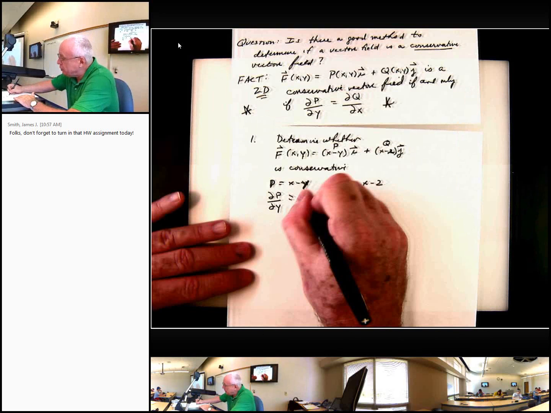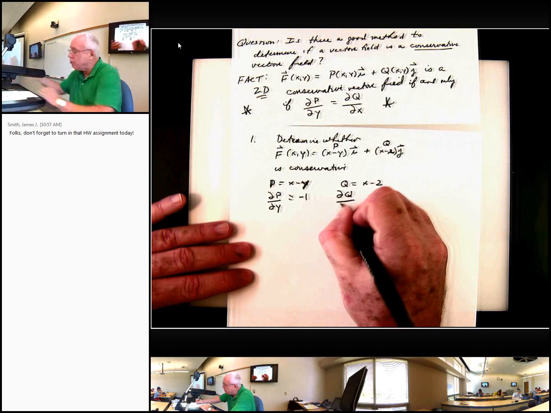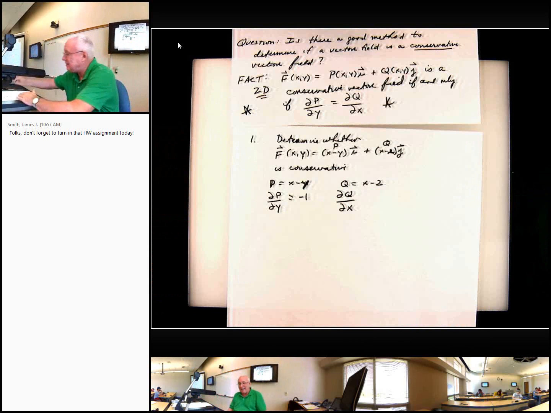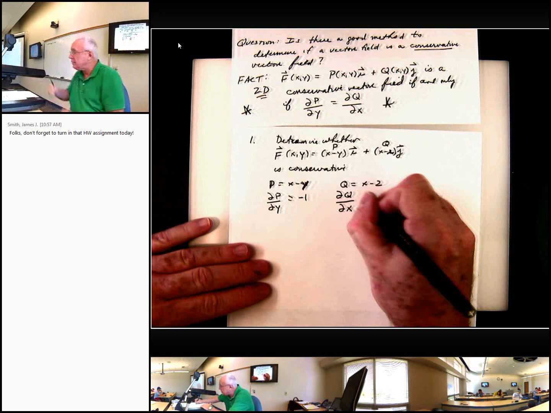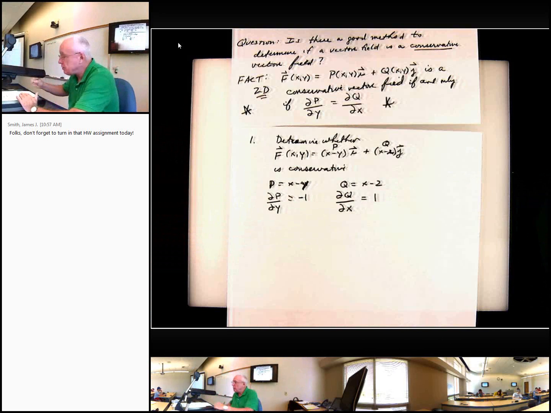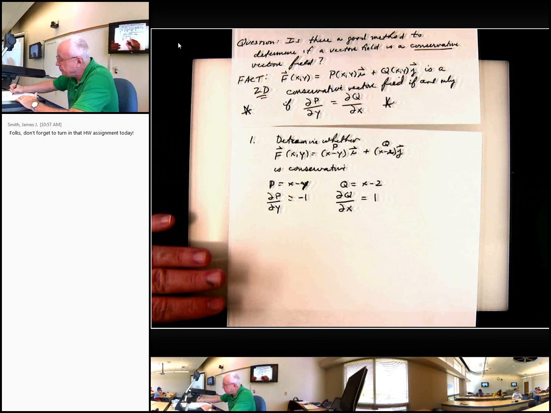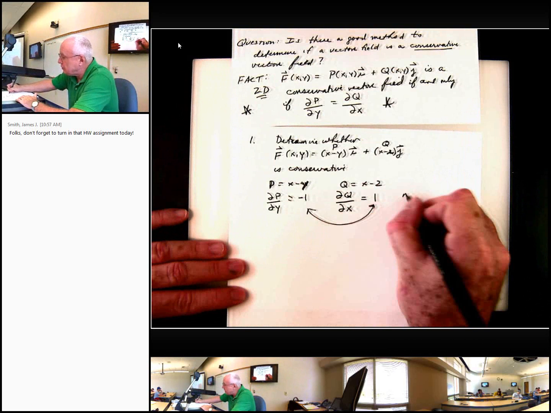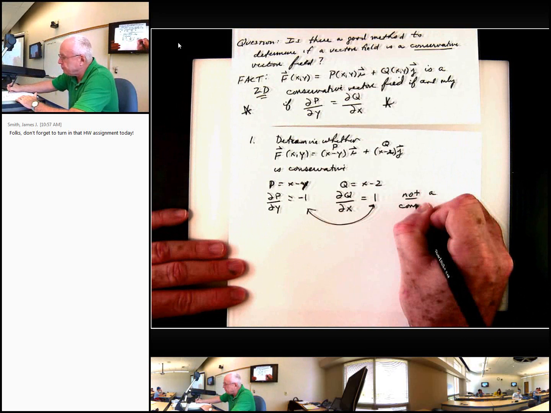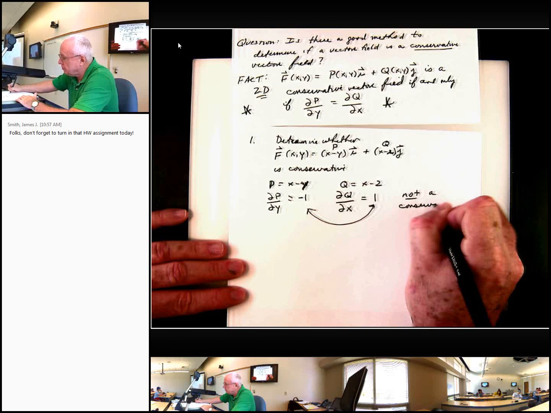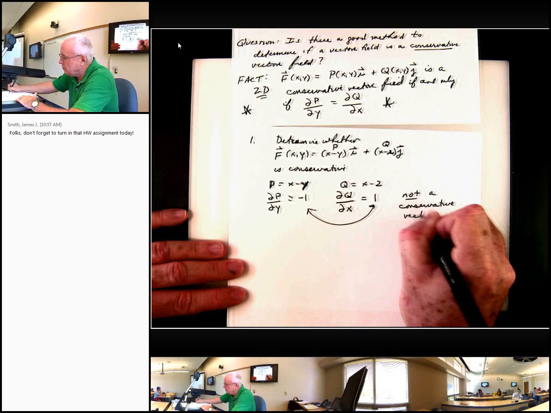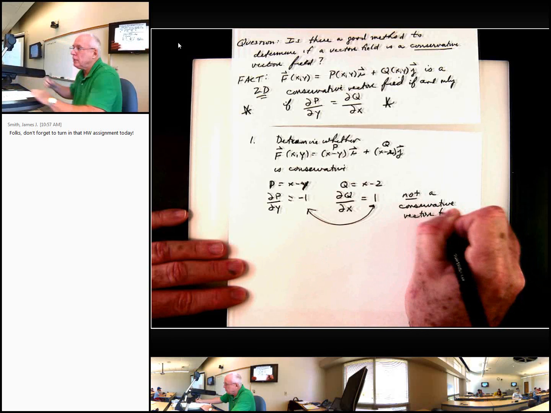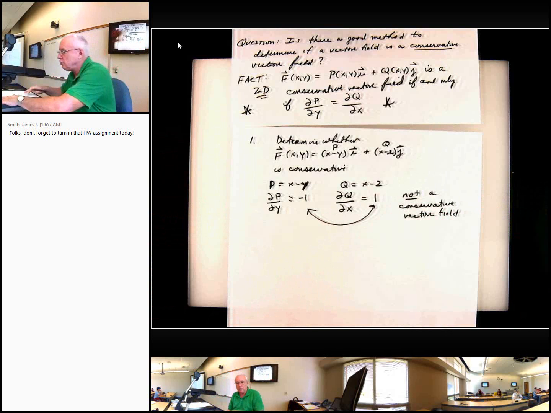And then we do the q function, and we do its partial with respect to x, and we get a +1. So since they're not equal to each other, we can conclude this is not a conservative vector field. Okay, pretty fast to do.